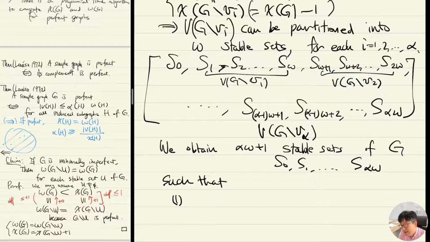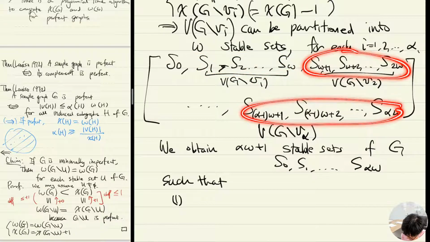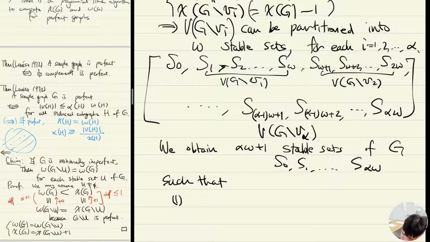Now let's look at a vertex. How many times does the vertex appear? If a vertex is not in S0, so it's not one of V1 up to V alpha, then it will appear in this list exactly once in each partition, so exactly alpha times. If a vertex appears in S0, say Vi, how many times does Vi appear in this list?